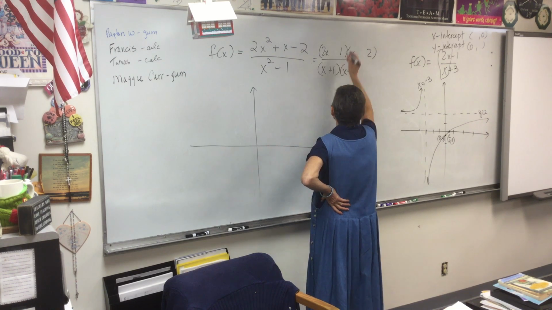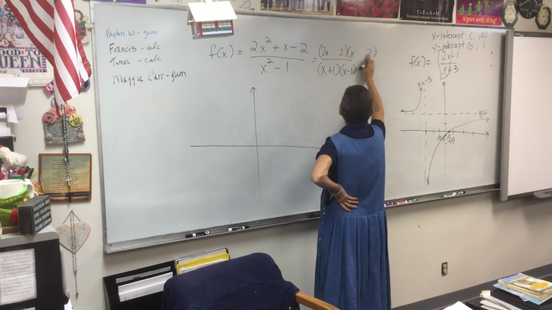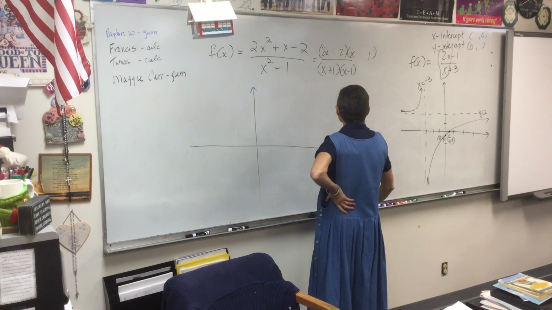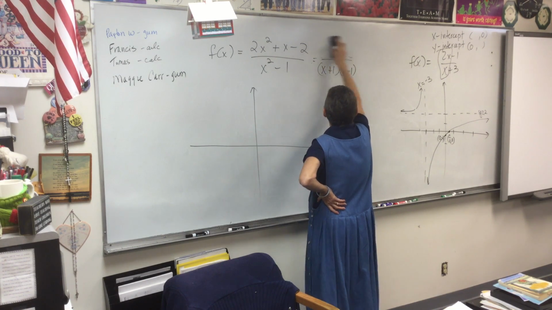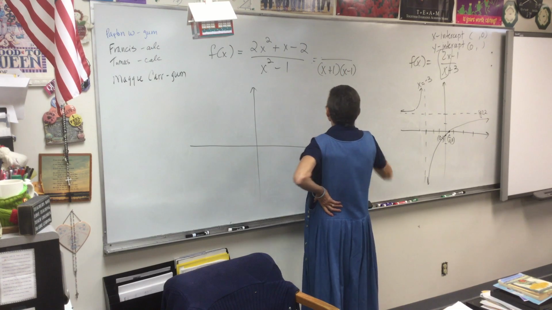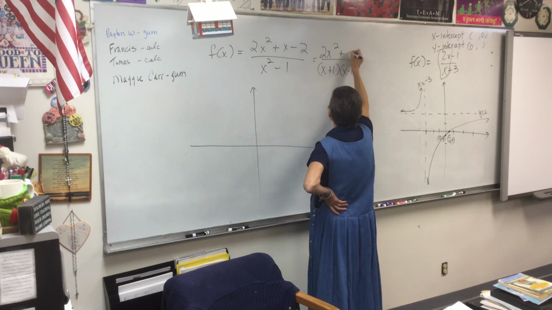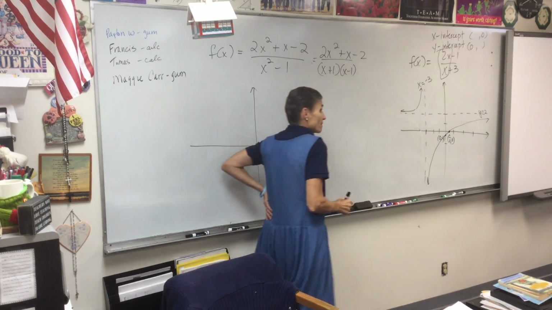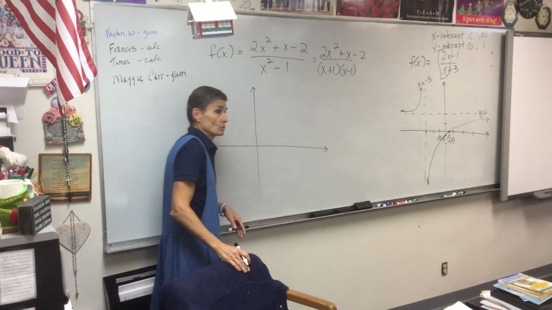And that won't work. And 2 and 1 here won't work. I don't think that factors, does it? So that doesn't factor. All right, that's okay. Now, all that means is I'm not going to have any holes.